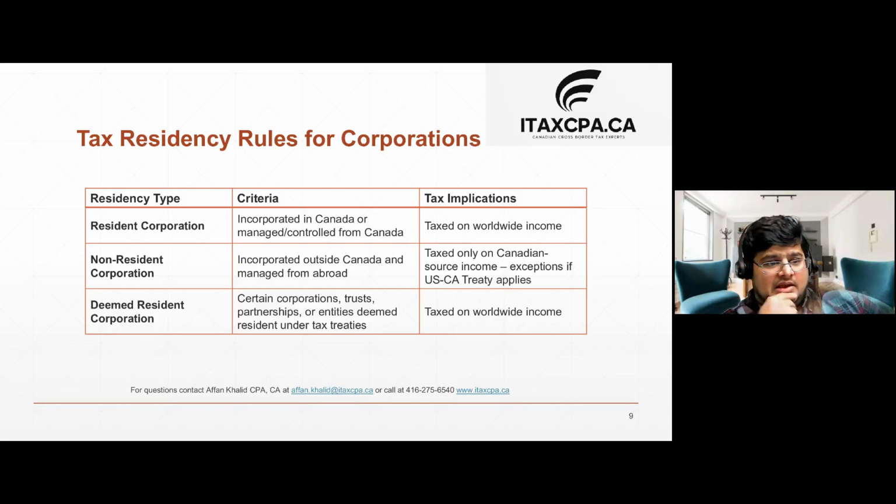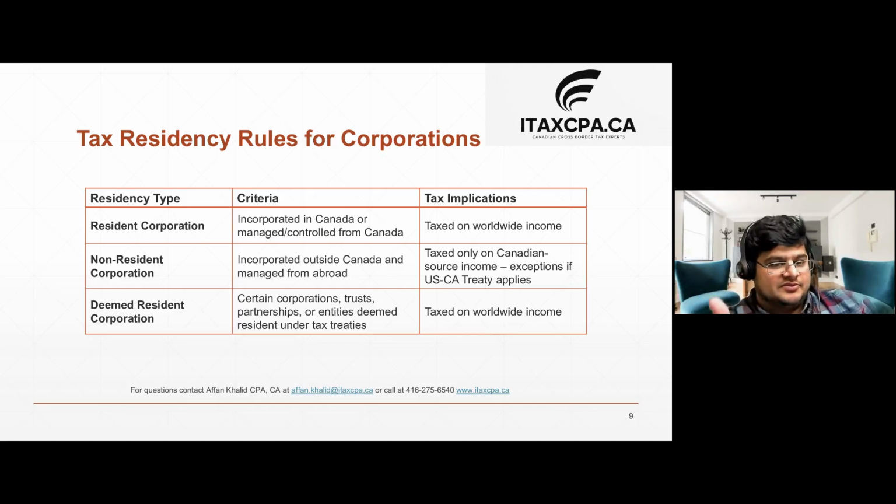This can include having a board of directors in Canada, not just existing there, but actively meeting and exercising their authority in Canada, meaning all the meetings are held in Canada. Then that company is deemed to be a Canadian corporation. But generally, if it is incorporated in Canada, it is considered a resident corporation and taxed on worldwide income.